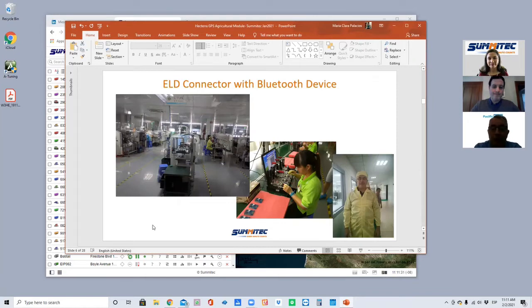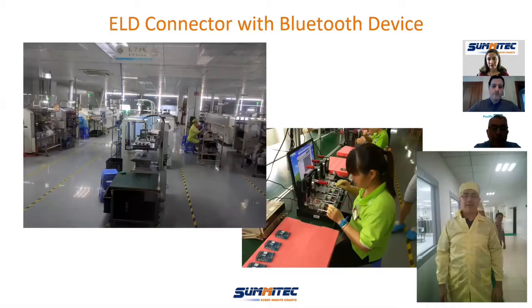Thank you. So thank you for giving me the opportunity to introduce our company and our hardware. Pacific Track was started in 2015, so 6 years ago. Our initial goal was to add engine data to existing GPS trackers.